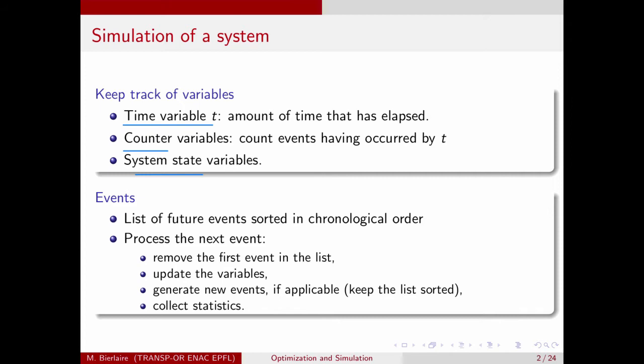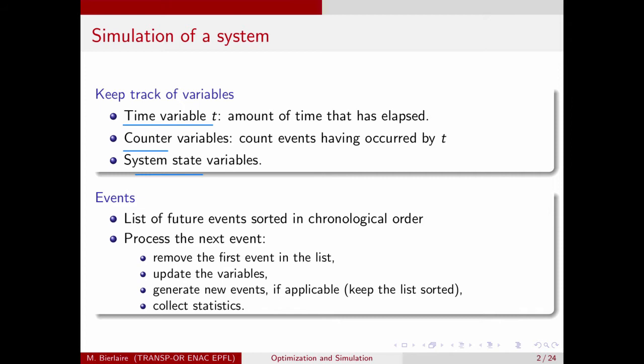Now, the second ingredient of an event-based simulator is the events themselves. These events will occur in a given order, in chronological order. Each of them is associated with a time tag, and we will keep them sorted in chronological order. For each event, we will have to process it. What does it mean?